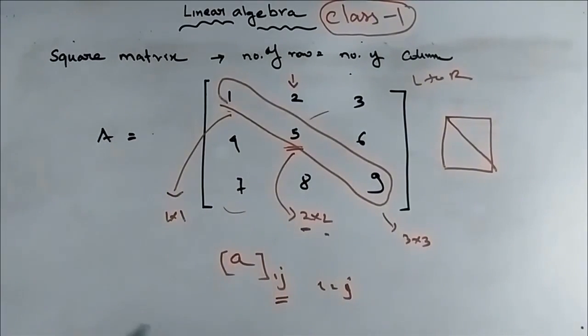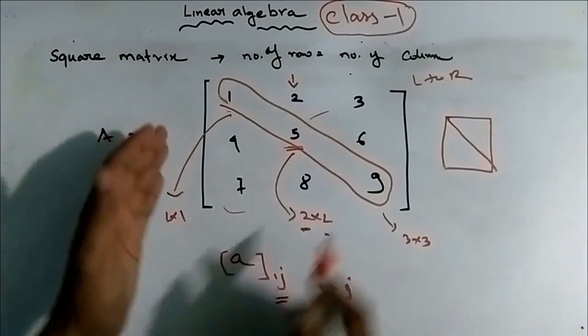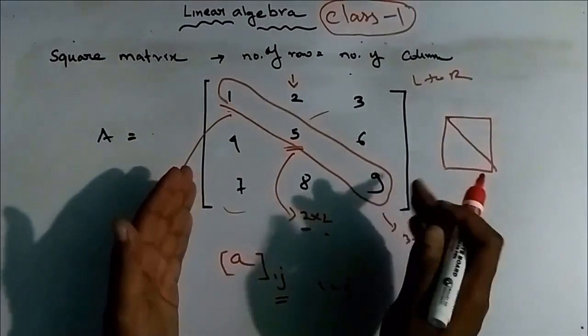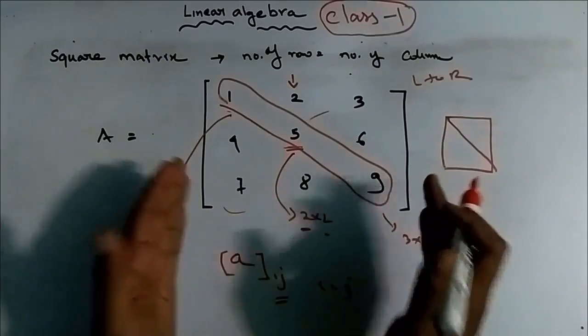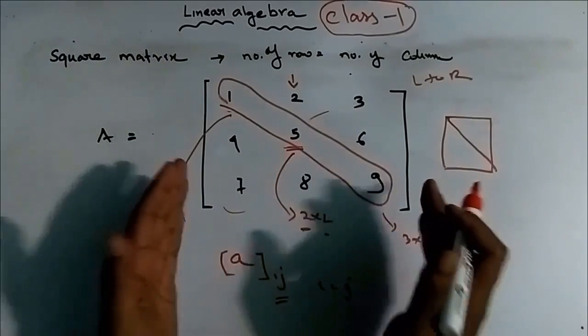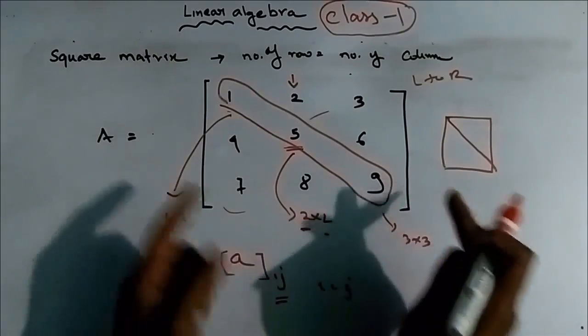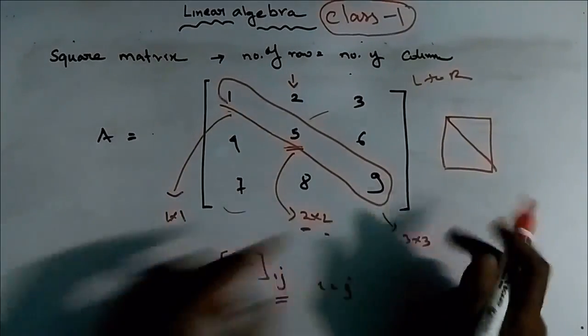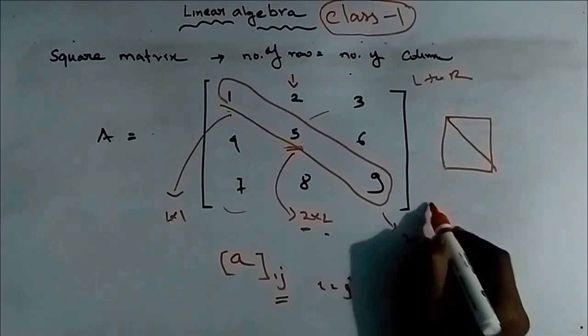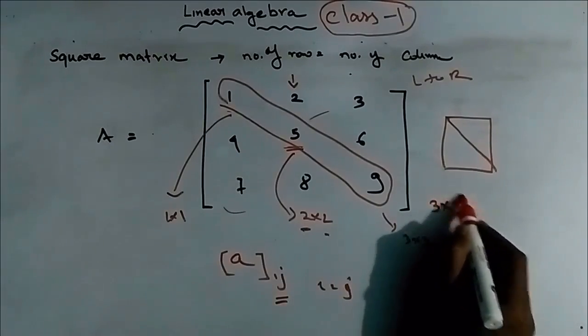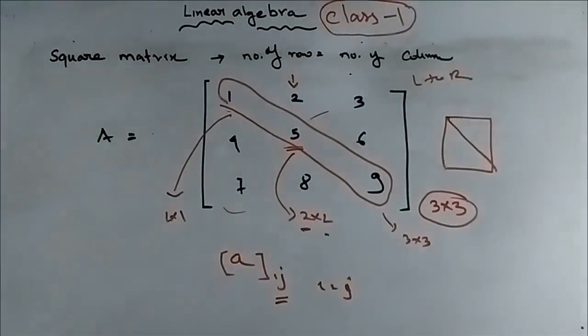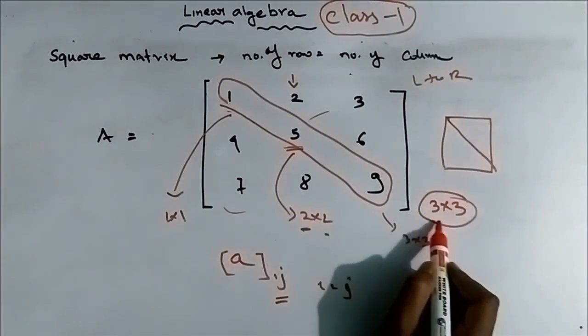What is a principal submatrix? Suppose we have any matrix. A submatrix means any part of this matrix whose order is less than the order of the main matrix. The order of this matrix is 3 cross 3.